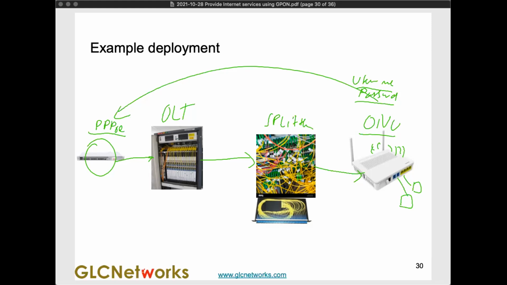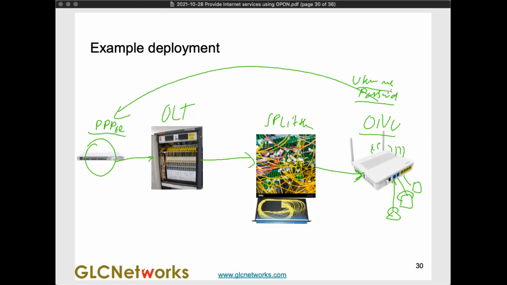If they have a telephone, there is a phone cable here, and there will be an IP address on it as well. So usually we play with the VLAN here.